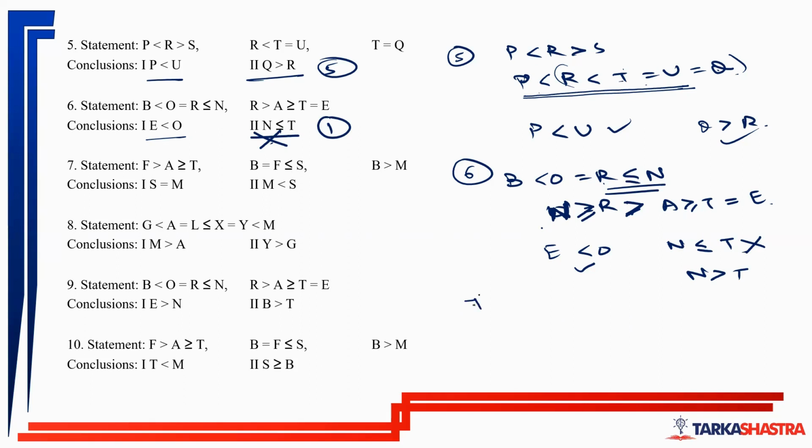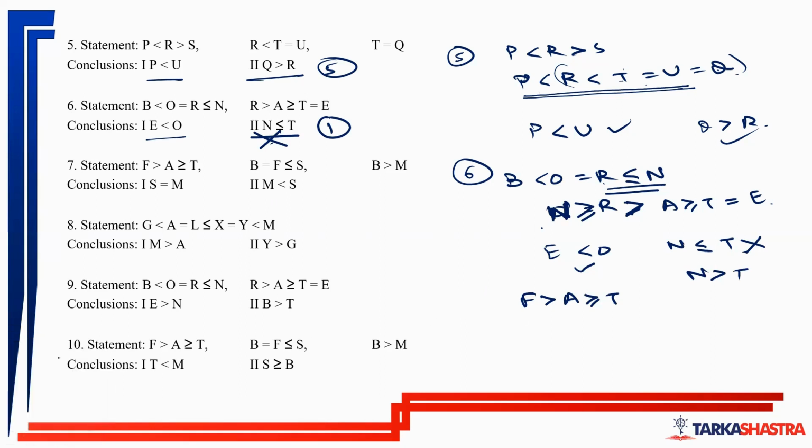Next, seventh question. Seventh question is F is greater than A, greater than equal to T. Then B is equal to F. Okay, let me try to get it in one statement itself.